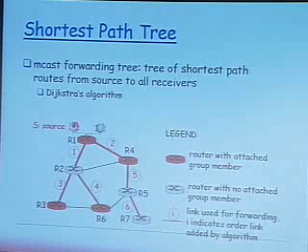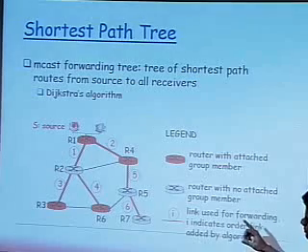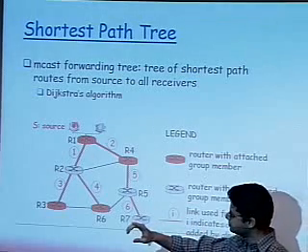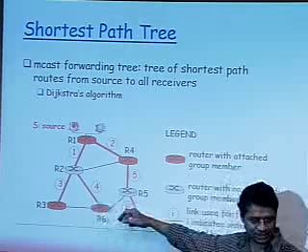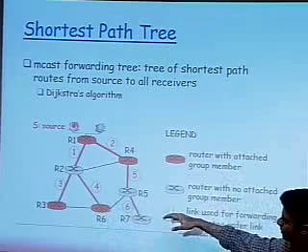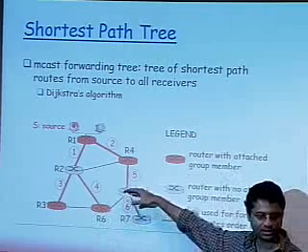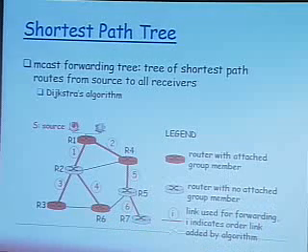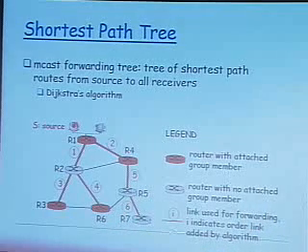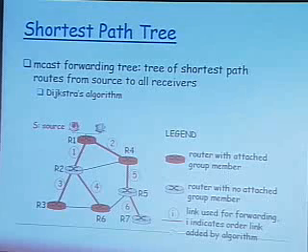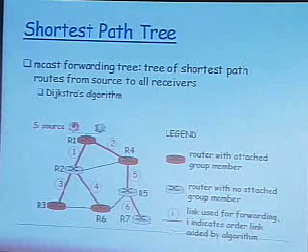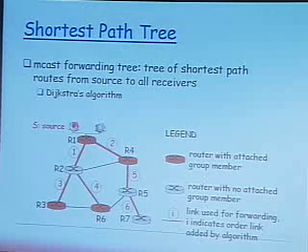The only caveat is that the tree should contain all the multicast routers, but the paths might contain routers that are not part of the multicast tree. They are not receiving the information themselves, but they have to forward the information.